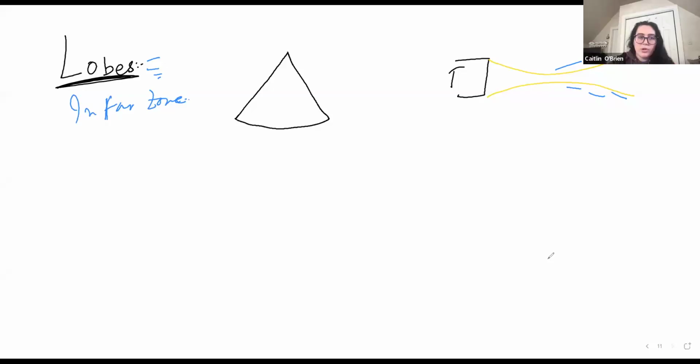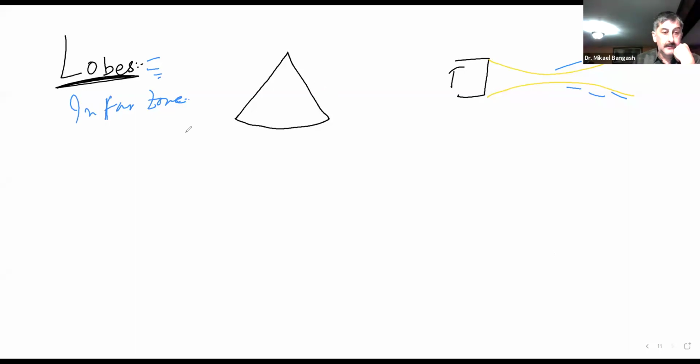The deeper portion, or after the focus, you see the little focal points. Exactly.